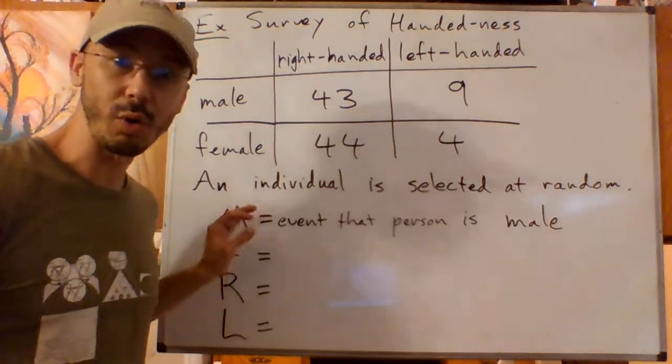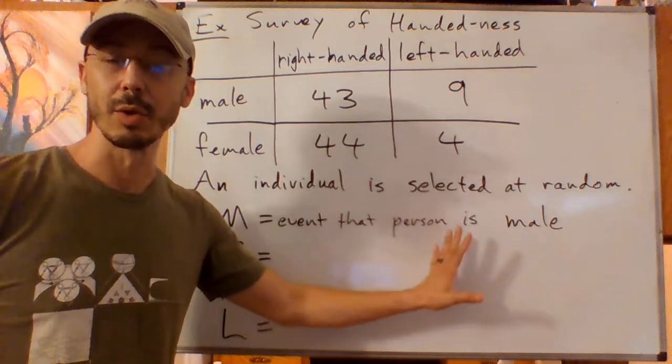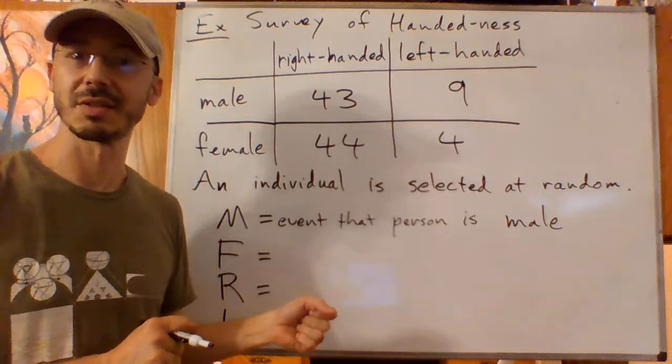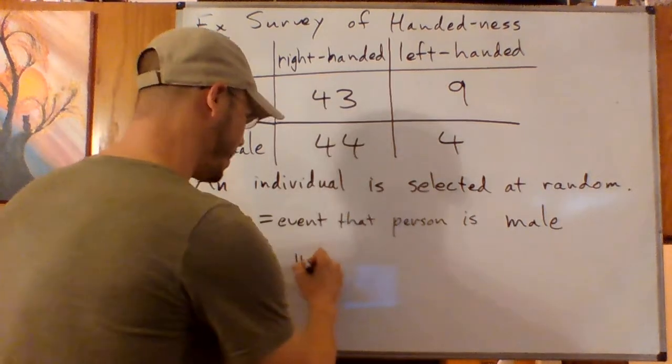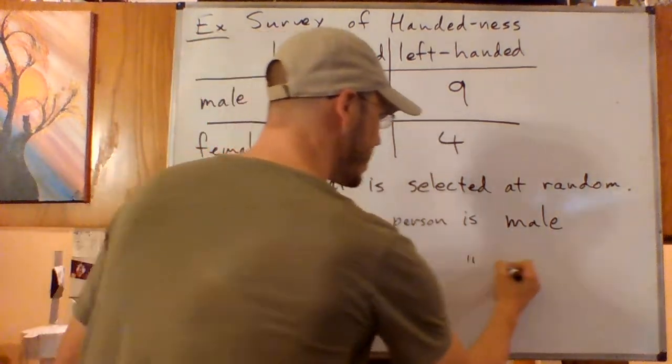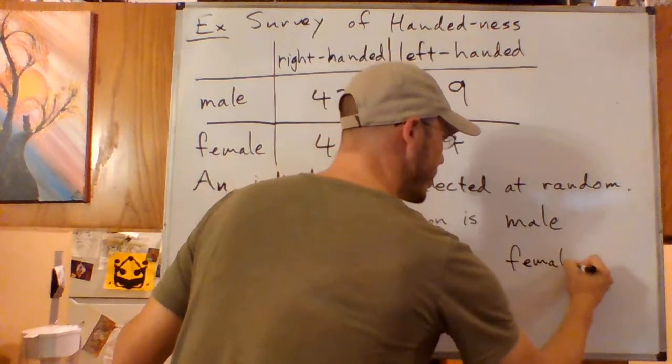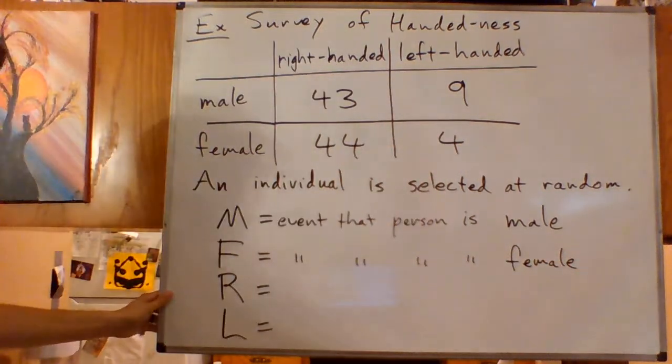And there could be a whole lot of writing here. I'm going to use ditto marks. If you want to take the time to write it out, that's fine. But event that person is female, rather than write the same words over and over again.